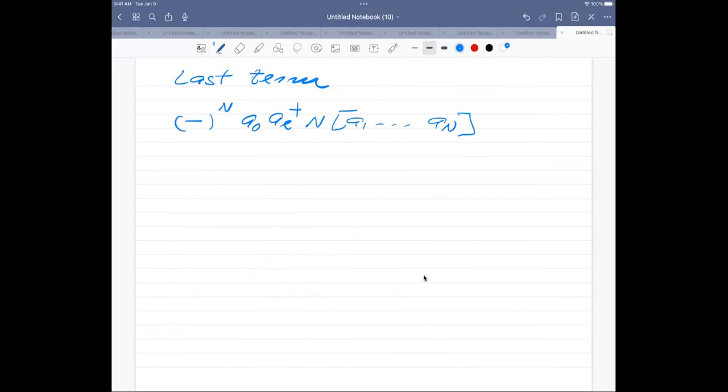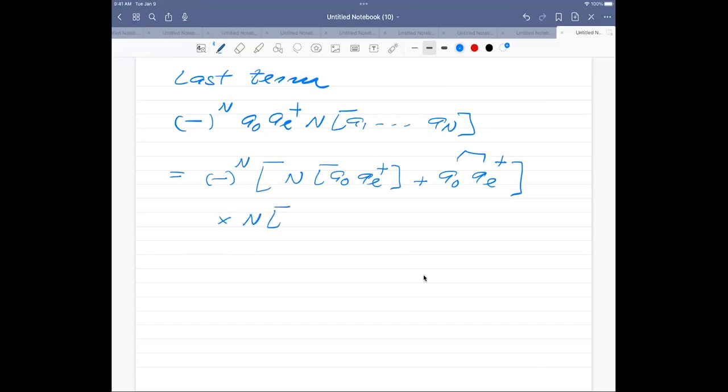That means that when I look at this one, I can rewrite that again as a -1 to the power of n. Then I have a normal order product of A0, AL dagger, plus the contraction of A0 of AL dagger, multiplied with this product of n of A1 up to AN.